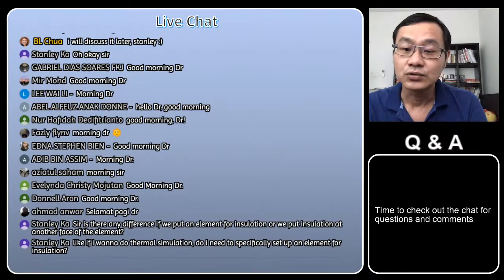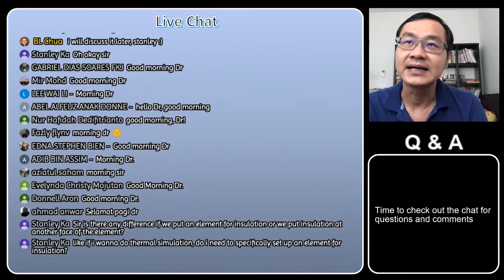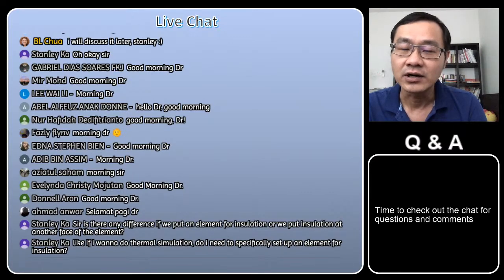Do I need to specifically set up an element for insulation? No, you just select your element as usual, but you must select an element that contains the heat transfer formulation inside.